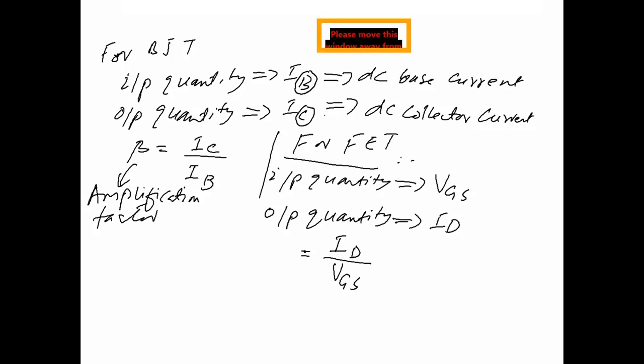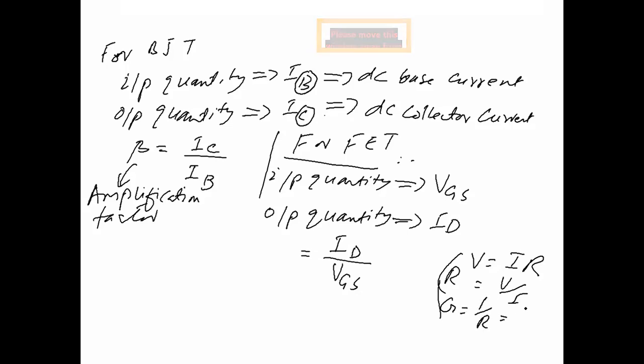This ID by VGS is current divided by voltage, and we know that according to Ohm's law, V is equal to IR, R is equal to V over I, and the reciprocal of R is the conductance, I over V. This is Ohm's law.